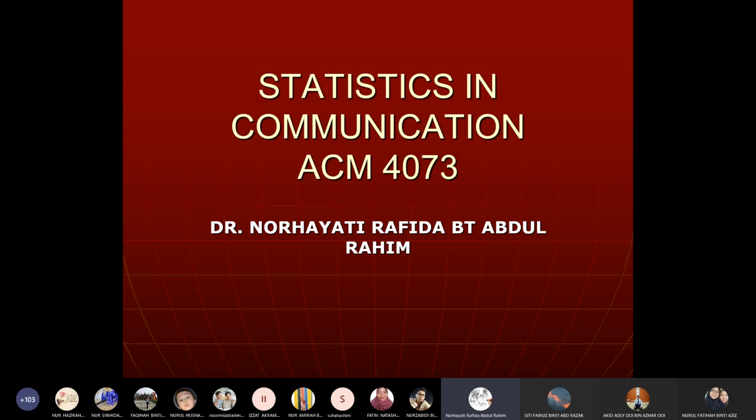For a layman, they don't really understand what the alpha score is unless you explain in your report that the alpha score is used to measure reliability.